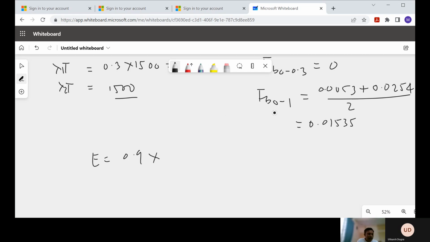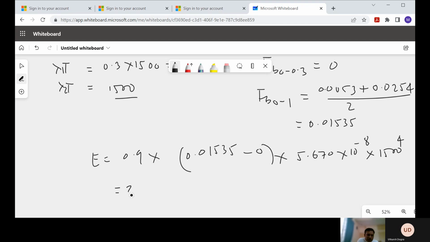This F factor we have obtained as 0.01535 minus 0, into sigma, the Boltzmann constant, which is 5.670 into 10 raised to power minus 8, into temperature 1500 raised to power 4. So ultimately this calculation comes around 3965.5 watt per meter square.